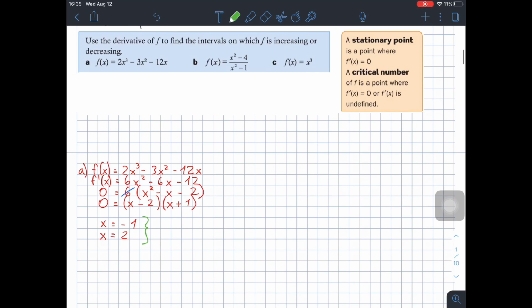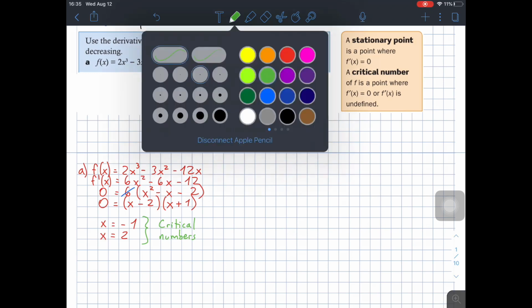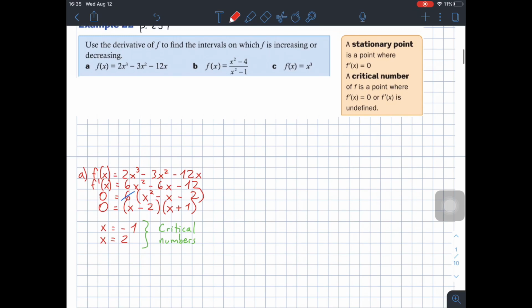What are critical numbers? Points where the first derivative is 0, or undefined. In this case, it's when the first derivative is 0, so these are my critical numbers. Once I have my critical numbers, I can make a number line in order to see the intervals for when the function is increasing or decreasing. So if I do a number line, something like this, I'm going to mark the critical points.